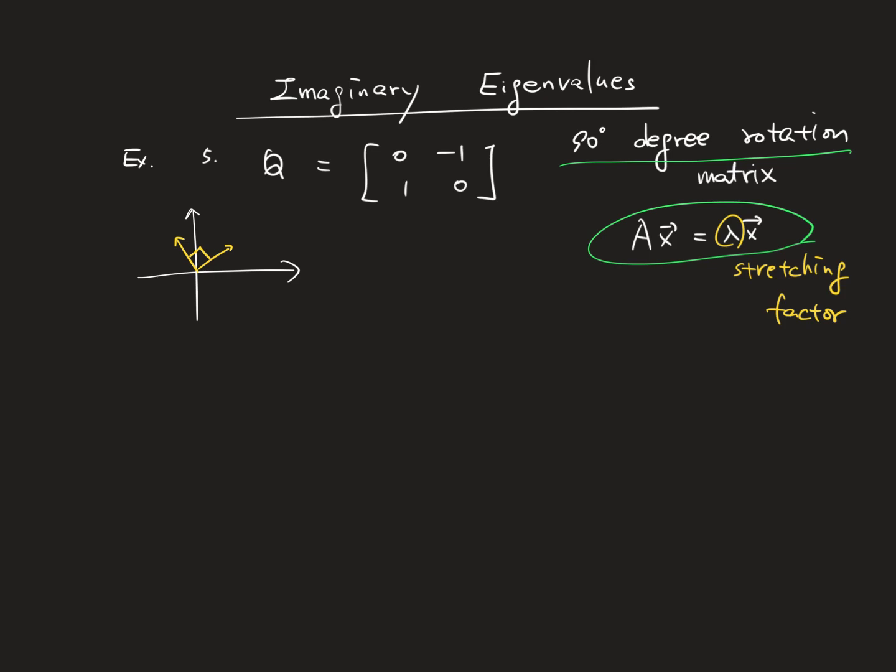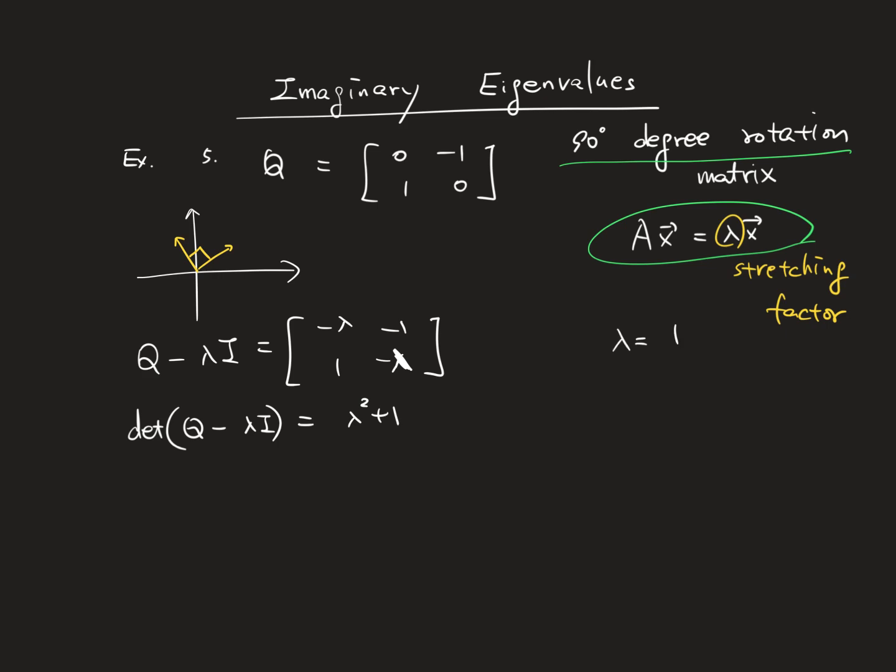But we could have an imaginary eigenvector here. So we calculate this one: minus lambda, minus 1, 1, minus lambda. The determinant of Q minus lambda I is lambda squared plus 1. So lambda will be plus or minus i.